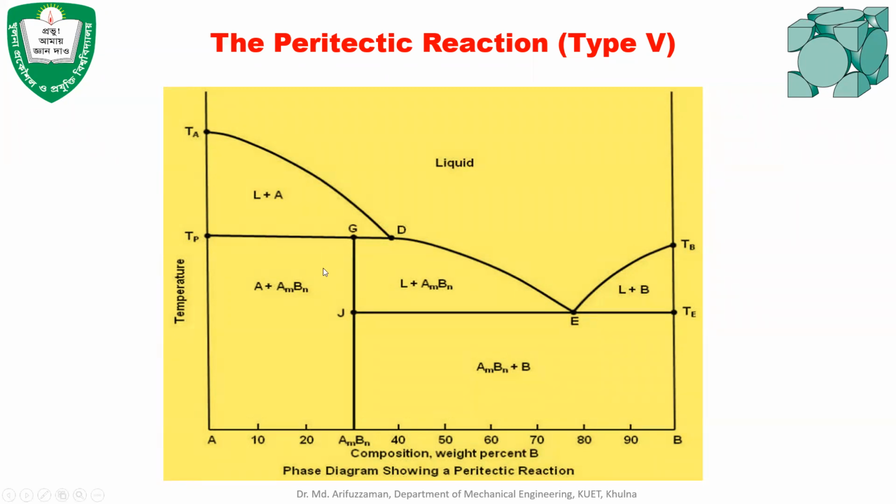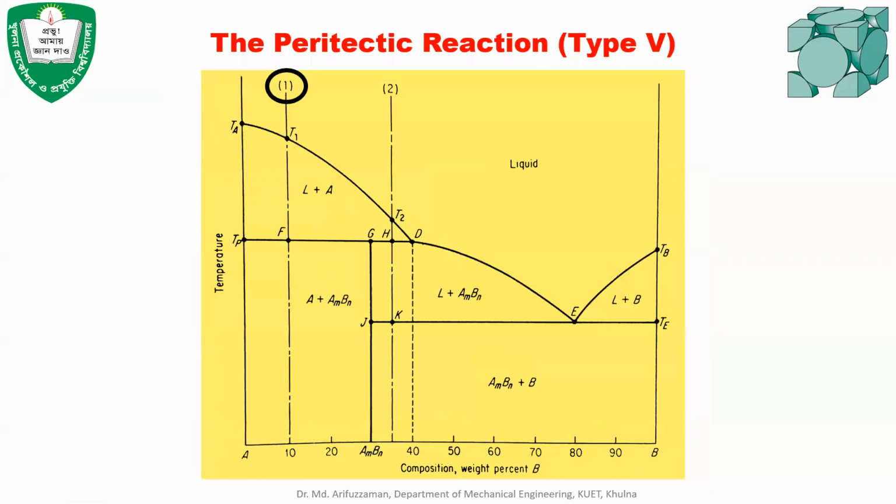If we look at an example alloy to understand it more clearly, consider alloy 1 and how it solidifies when the temperature is dropped. Then we will be able to understand how the peritectic reaction works.